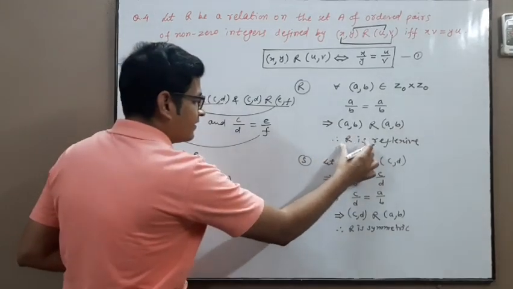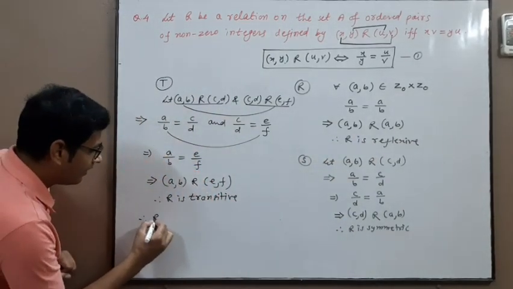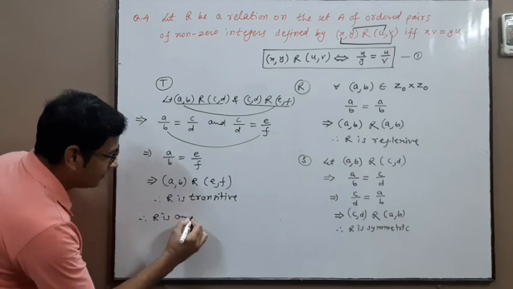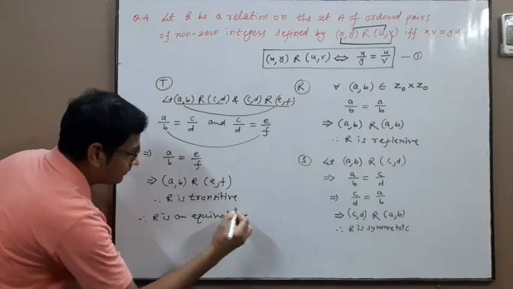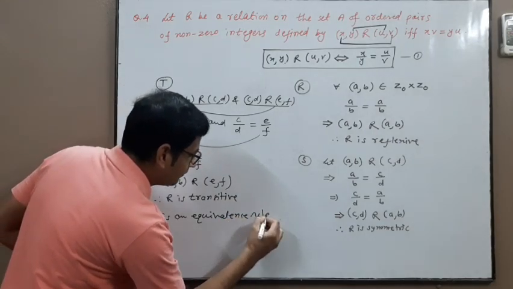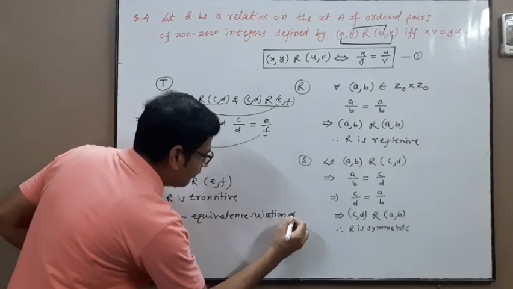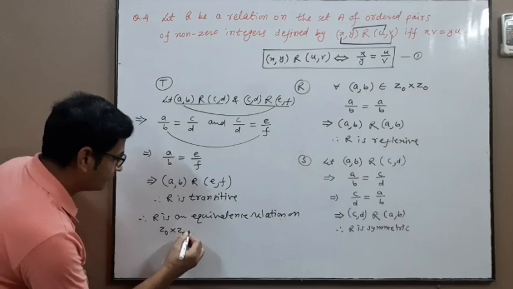Clearly R is reflexive, symmetric, and transitive. Therefore R is an equivalence relation on Z0 cross Z0.